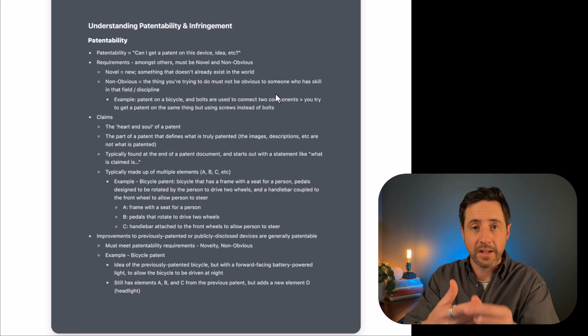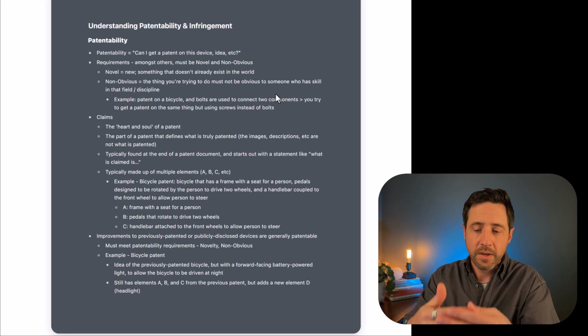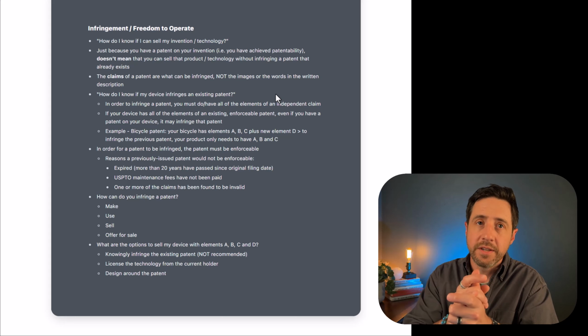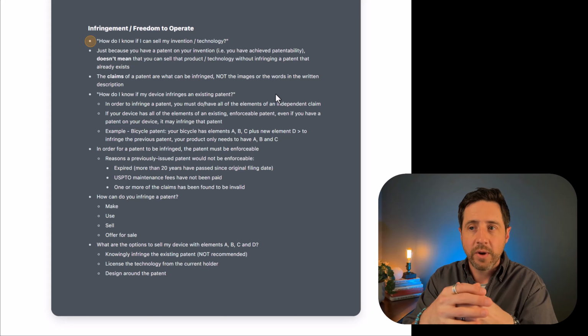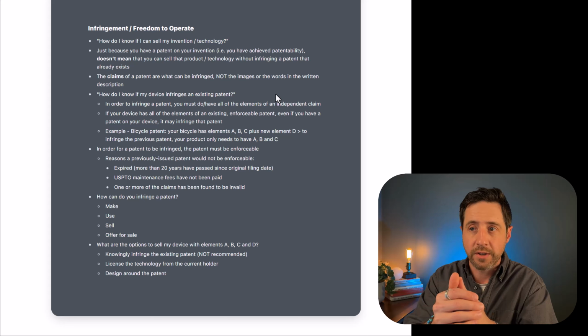But now you've added element D, which is the light. So you could presumably, and again, a lot goes into it, but let's assume that you could get a patent on that, and now you have a patent on your bicycle. But here's where some of the confusion comes in, is the next question of, how do I know if I can sell that invention or that technology without infringing someone else's patent?